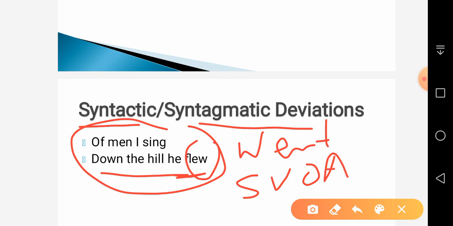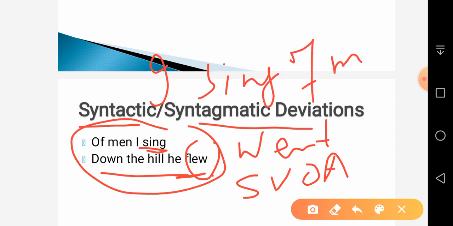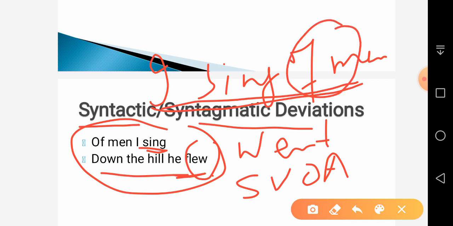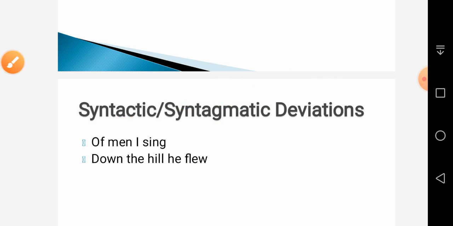Yes, he went down the hill, but the poets may use it like this: down the hill he went. Or I sing of men. This is the usual order: I sing of men. But this syntax, this arrangement of words, can be inverted by the poets or creative artists. They may say of men I sing. So such deviations are known as syntagmatic deviations.